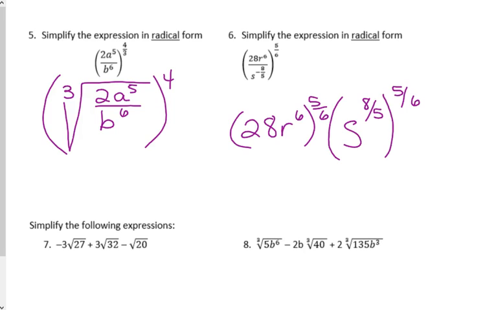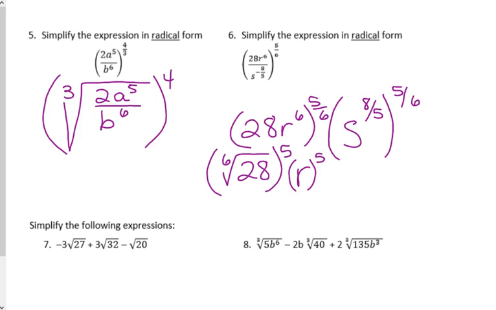So we have 28 as our base, and it's going to be the 6th root, and all of that raised to the 5th. R to the 6th raised to the 5 over 6 becomes r to the 5, because 6 times 5 over 6 is 5.